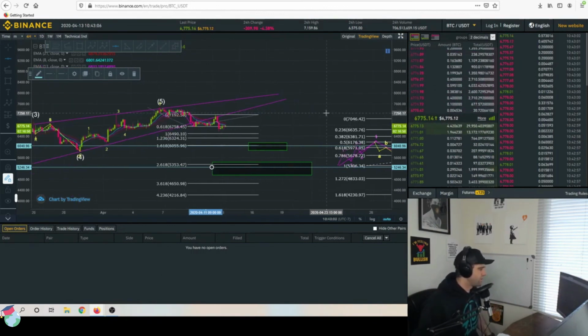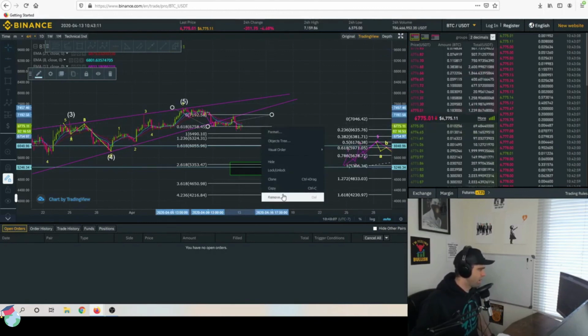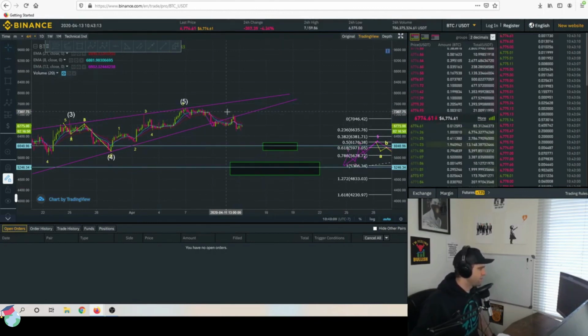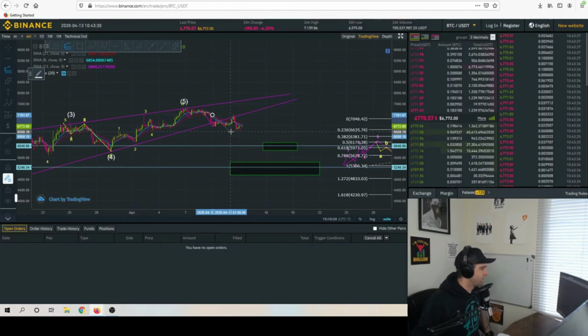The other thing that we can do now is I can do the same thing with my C wave here. Since, look, I've started the 1, 2, 3, 4, 5, right? So I can take my fib extension now, assuming that this has been the top already on this little correction here.